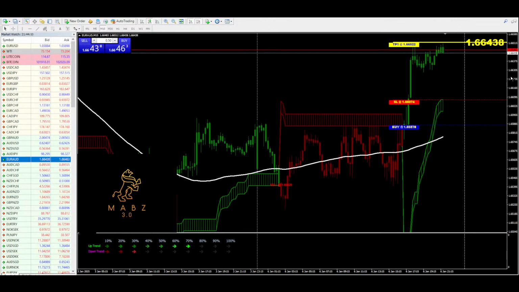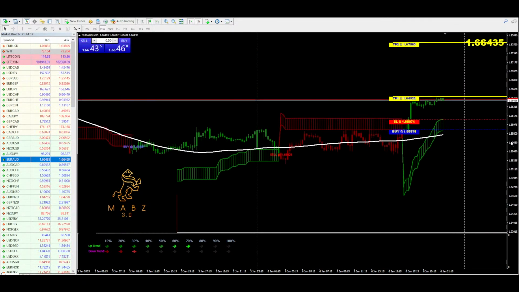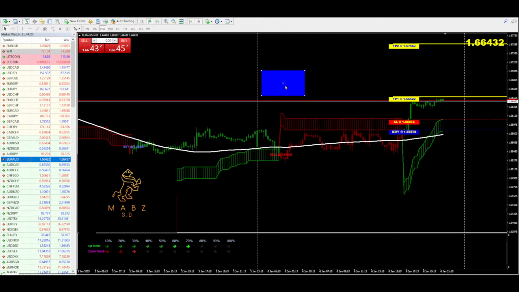Okay, here's another opportunity on the Euro AUD, similar to what we saw on the GBP AUD, right? You guys can see right there, the price is above the 100 moving average. It's above it, so this is a valid bullish trade.